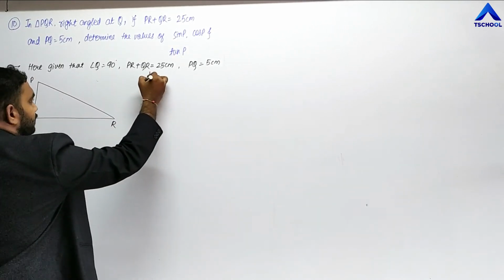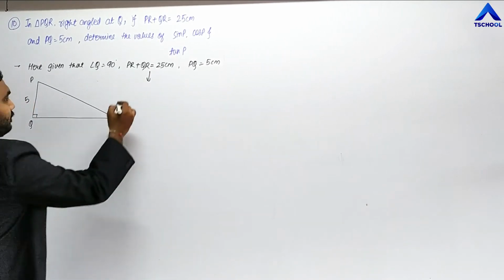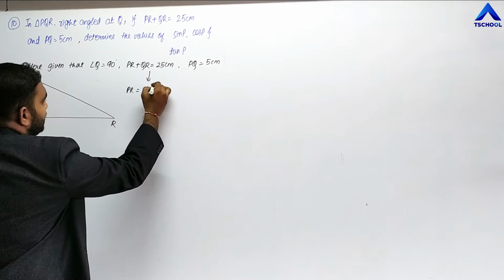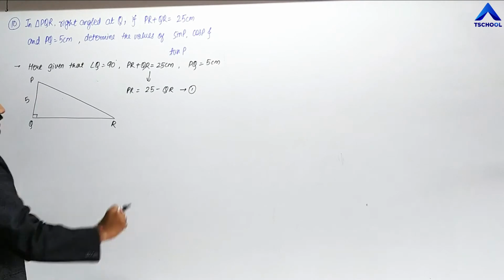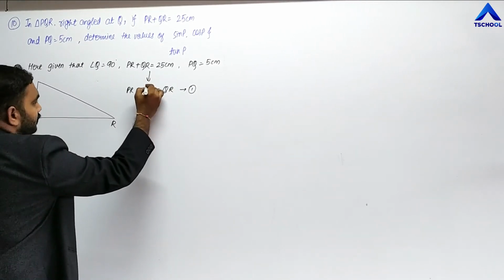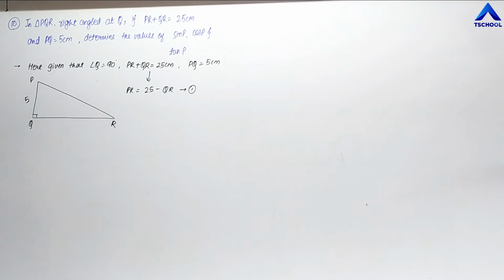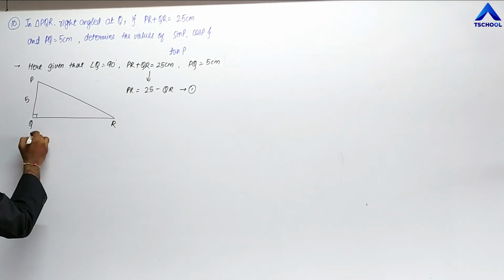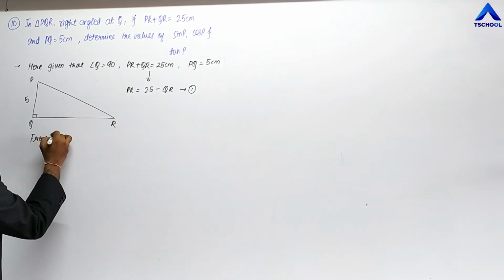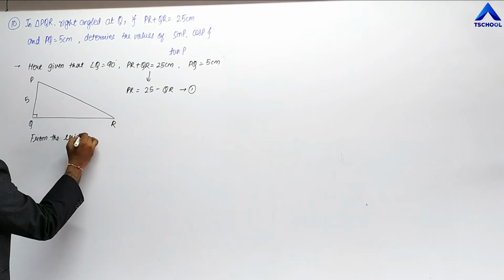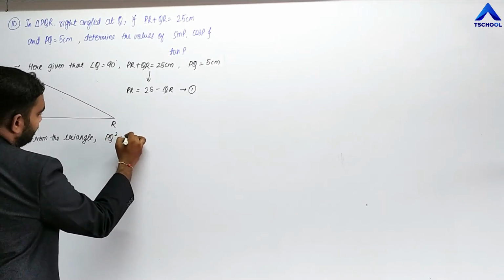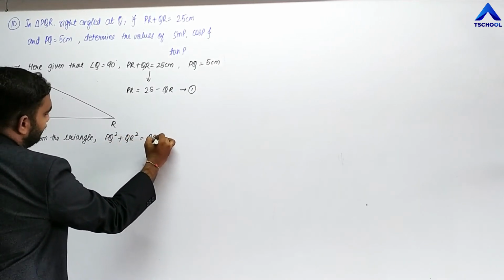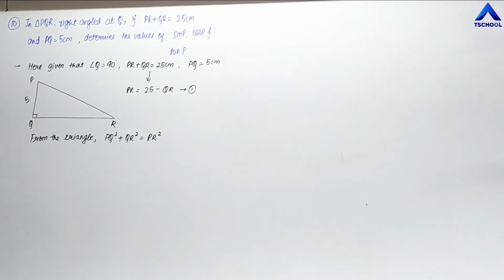So from this, what can we write? PR is equal to 25 minus QR. Yes or no? And from the given triangle, we can say that PQ square plus QR square is equal to PR square.